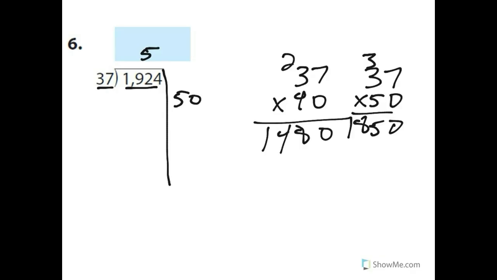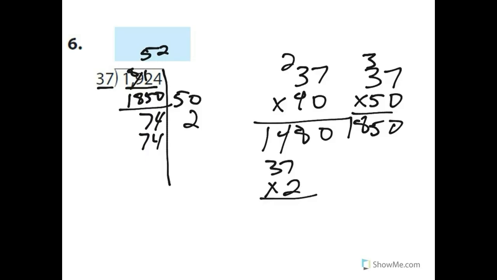Alright, so we got 1,850. So 4, 12 there, and 8, 7, so 74. Well, I know that 2 times 37 is 74, but I'm going to prove it to you and have 2 here. So 37 times 2, we got 14. 2 times 3 is 6, plus 1 is 7. 74, so we got 52. Alrighty.